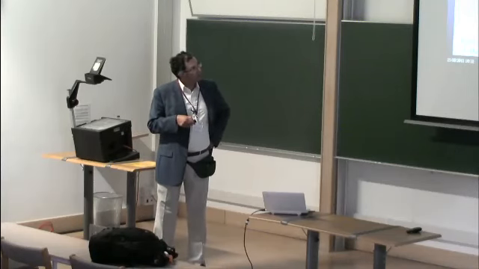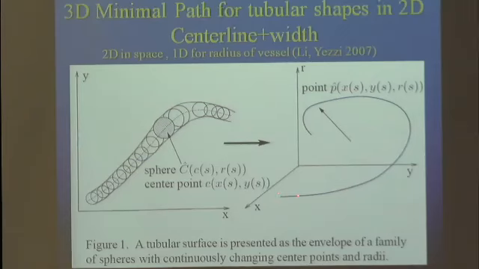This means that a path in this 3D domain corresponds to a set of circles of center x, y, and radius r. The set of centers corresponds to the center line, and the envelope of this set of circles corresponds to the boundary of the vessel.